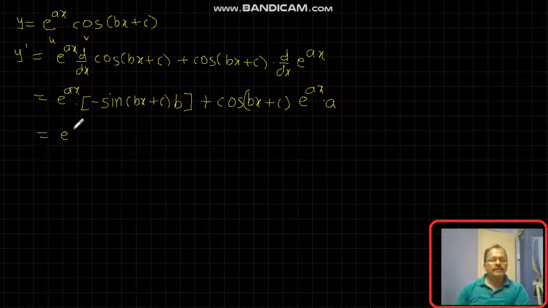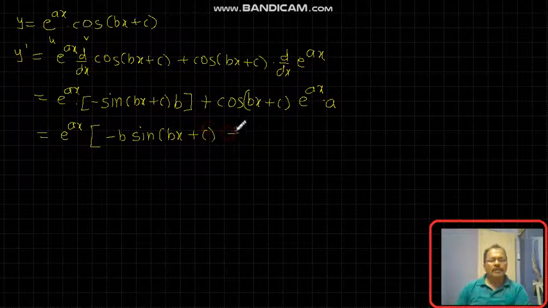I can take e^(ax) common. Inside the bracket I will get −b sin(bx + c) plus a cos(bx + c).